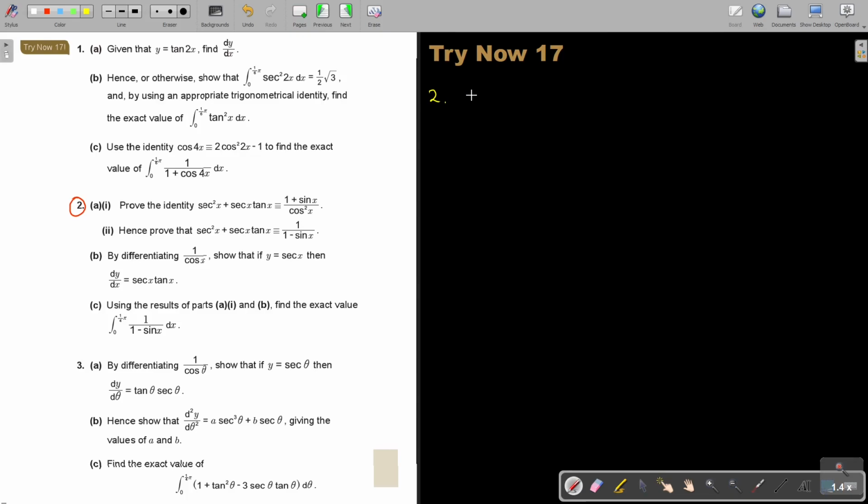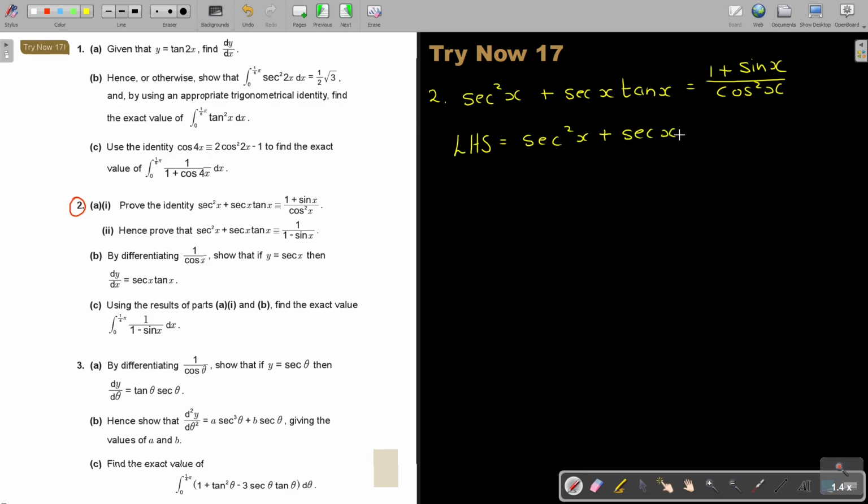Let's start number 2. So it's going to be sec squared x plus sec x tan x is equal to 1 plus sin x over cos squared x. Okay. Just like identities, we start with the left-hand side, usually, not always, and we rewrite it first. Now we're going to start simplifying it. So let's go to cos and sin.